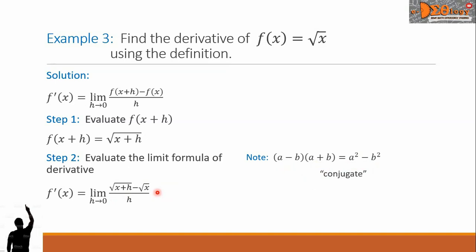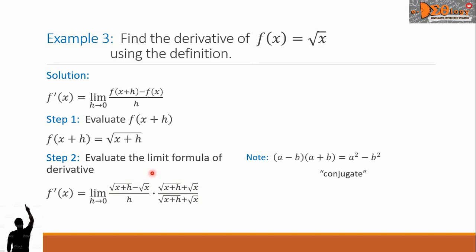So we're going to multiply this fraction by another fraction whose numerator and denominator is the conjugate of our numerator here. So we have to multiply this by square root of x plus h plus the square root of x. Take note, this is negative, so we write here positive. So the numerator here is the same with our denominator.